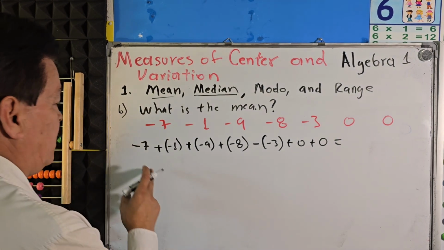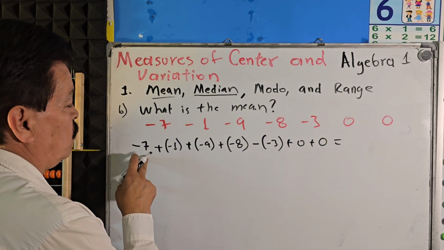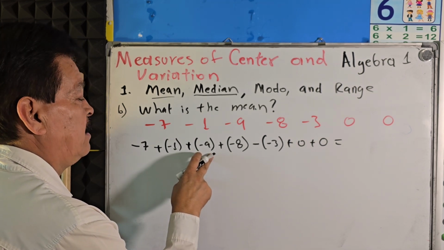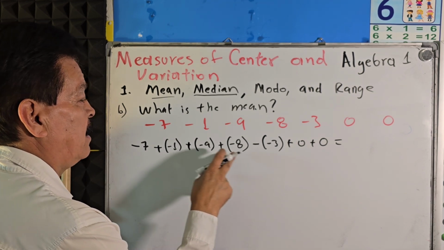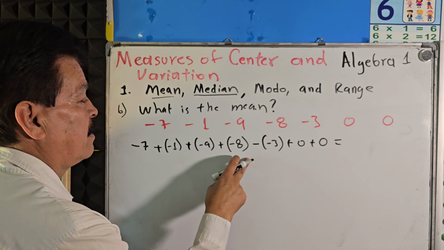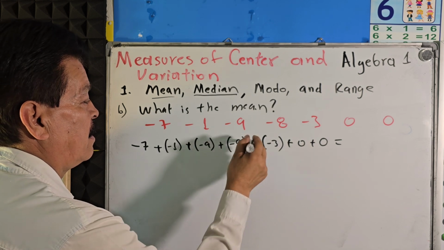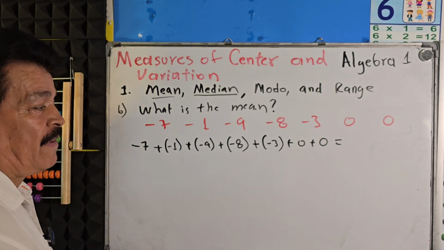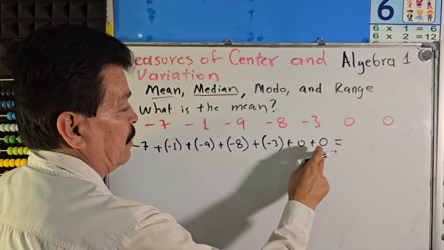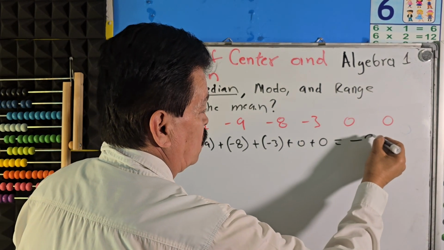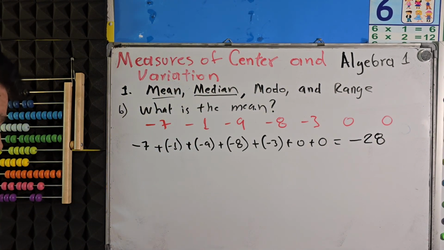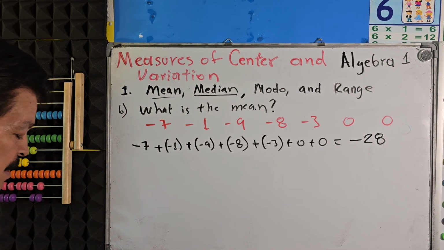Okay, how much is the total? We have -8, -17, -25, and -28. So the total plus 0 plus 0 equals -28. See? That's the answer.